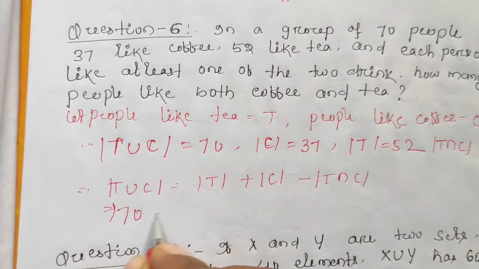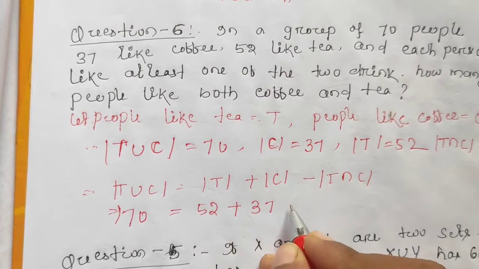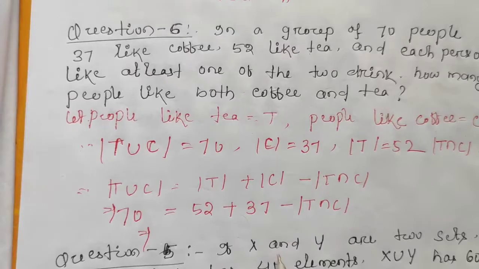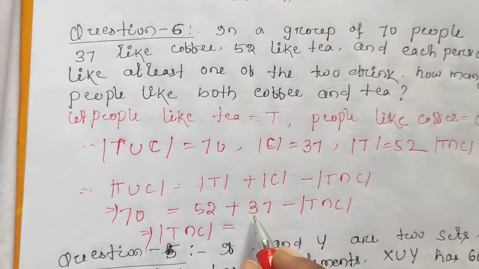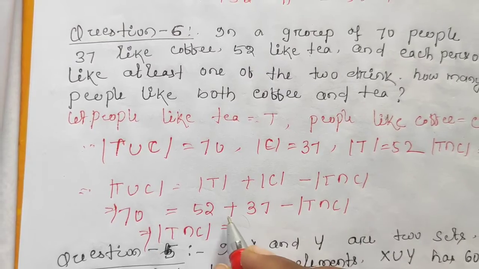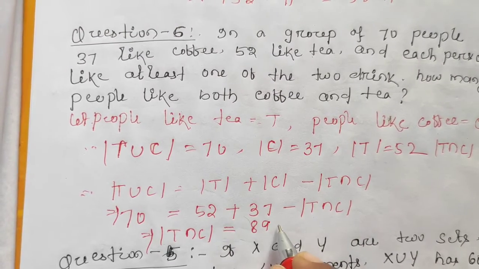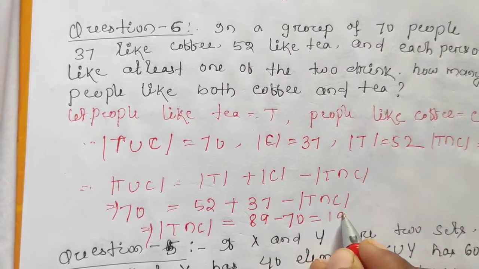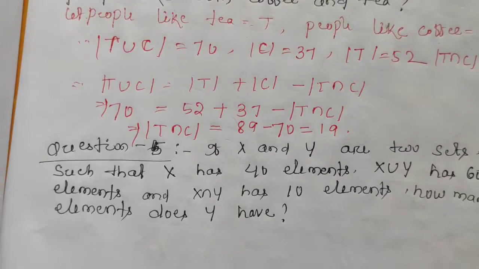So 70 is equal to 52 plus 37 minus T intersection C. This implies that T intersection C the mod is equal to 52 plus 37, which is 89, minus 70, which is equal to 19. So 19 people like both coffee and tea.